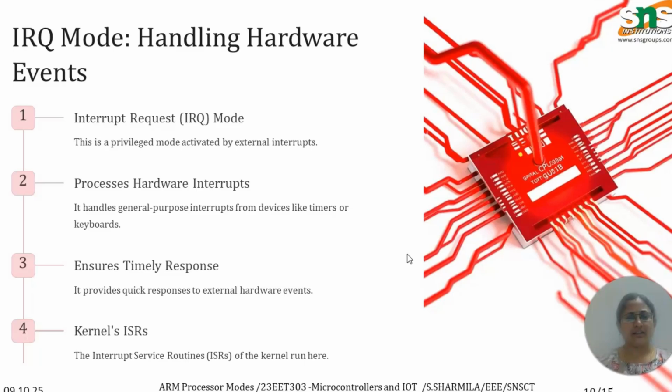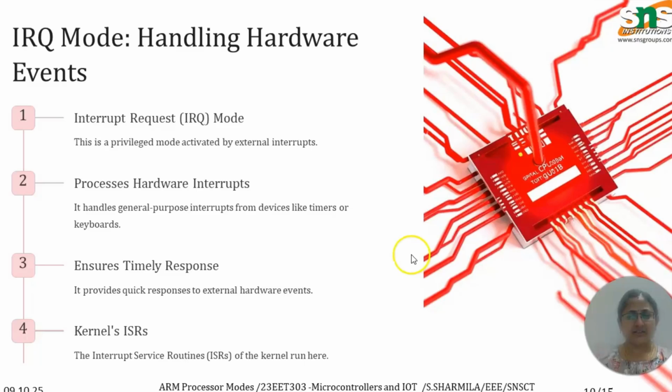This is another privileged mode designed for handling general purpose interrupt requests from hardware devices, like a keyboard press or a timer tick. When an interrupt occurs, the processor switches to IRQ mode to run the kernel's interrupt service routine, ensuring timely and organized responses to hardware events.